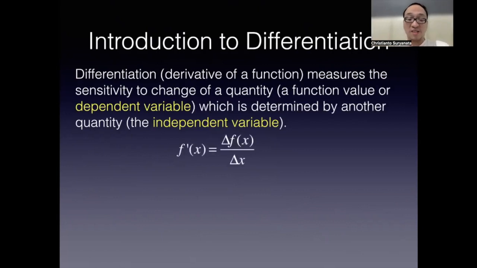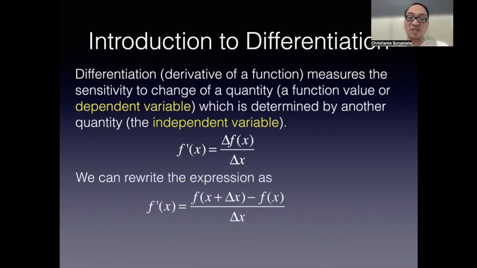So I can have f prime x. Yeah, f with the apostrophe there is f prime x. So the differentiation of function f, or the derivative of function f, equals the change of f(x) over the change of x.